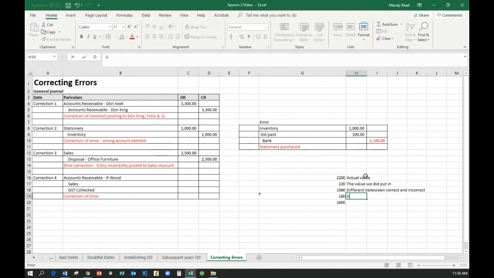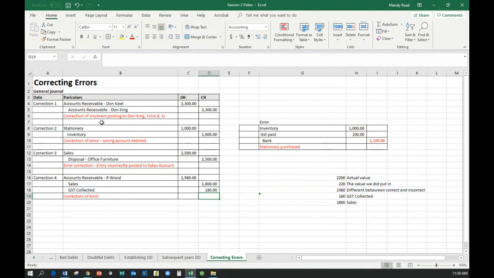This is the GST, and it's GST collected of the difference. So this figure here would be the actual sales. If we go to put the transactions into accounts receivable, we need to add another 1,980. This is made up of $1,800 of sales, and it's also made up of $180 of GST collected.